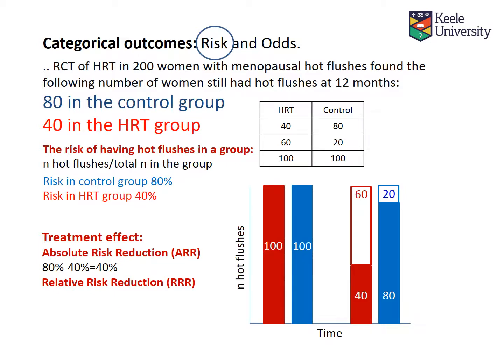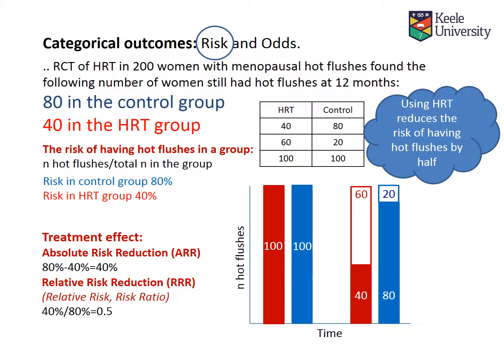The other concept is relative risk. And relative always suggests division or proportion or ratio. So relative risk, also called risk ratio, is a division. We divide 40 by 80, and you get 0.5. And what that means is that using the HRT reduces the risk of having hot flushes by half.